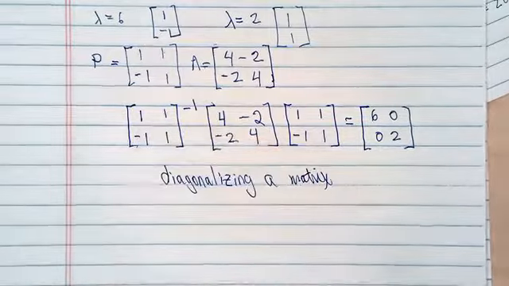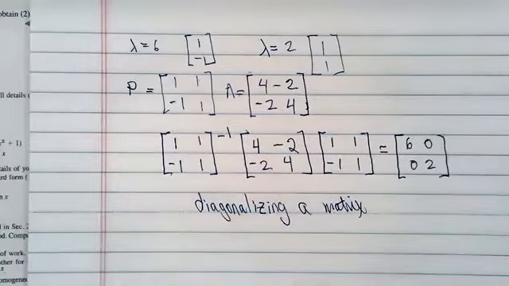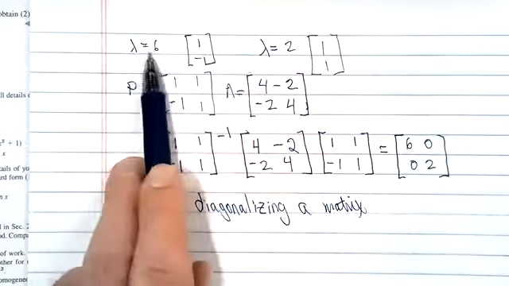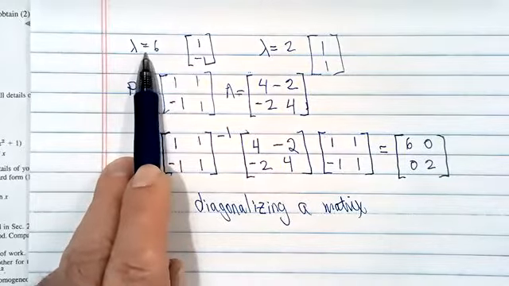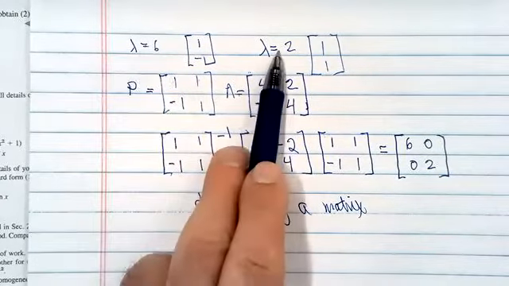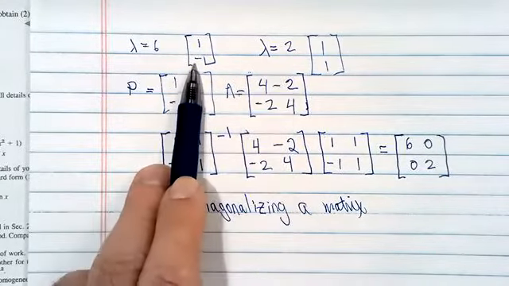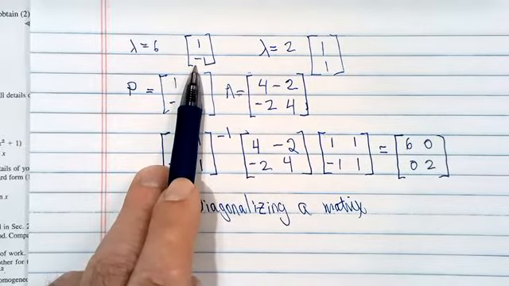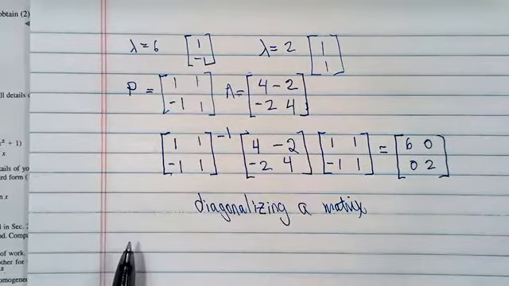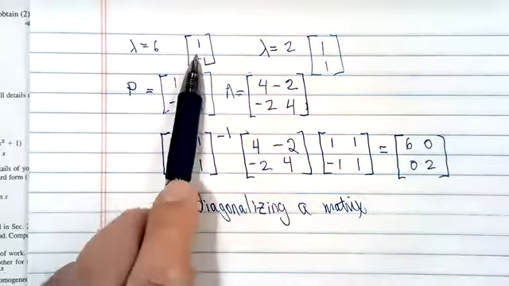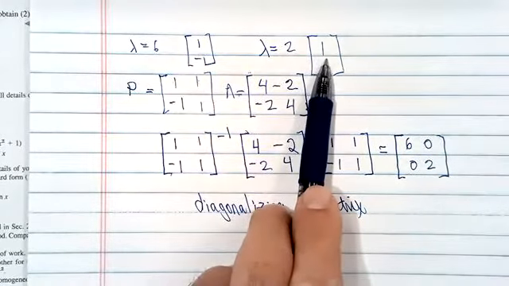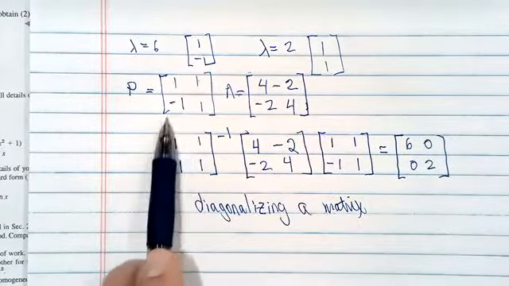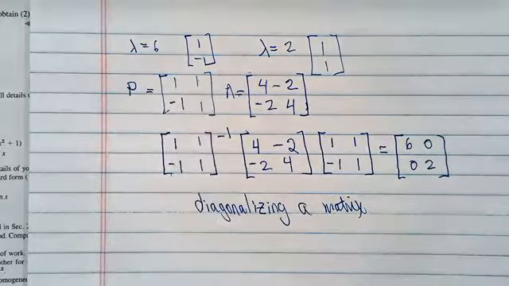So how do you diagonalize a matrix? The answer is this. You first of all find each of its eigenvalues. You find as many linearly independent eigenvectors as you can for each of those values. If the total number of linearly independent eigenvectors adds up to the dimension of the square matrix, this only works for a square matrix.